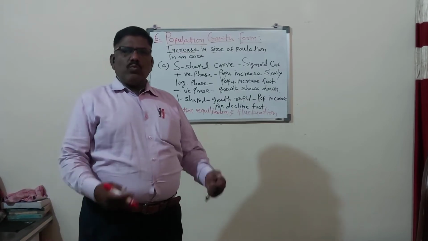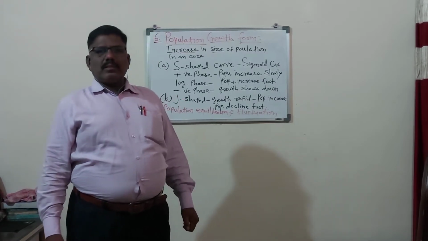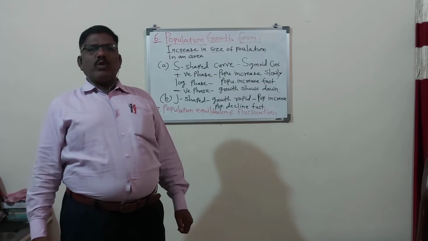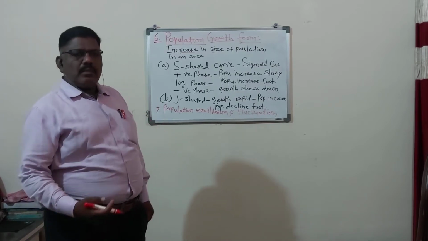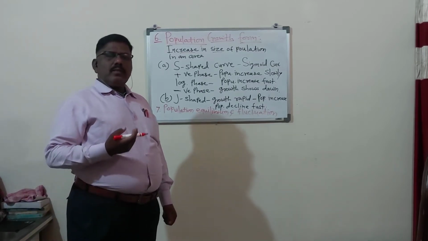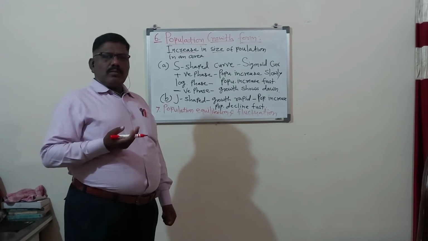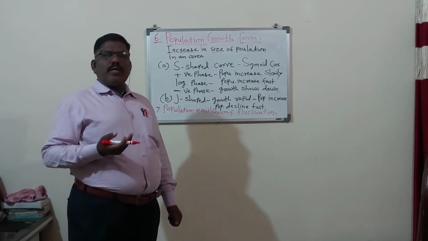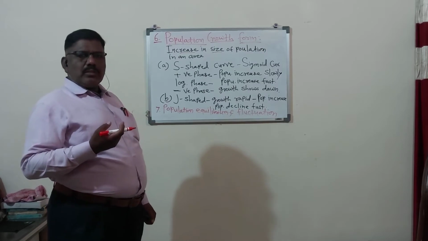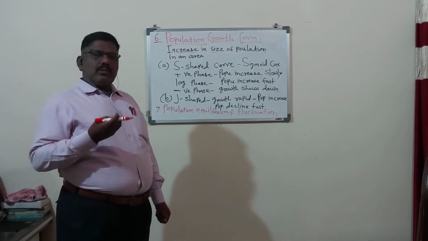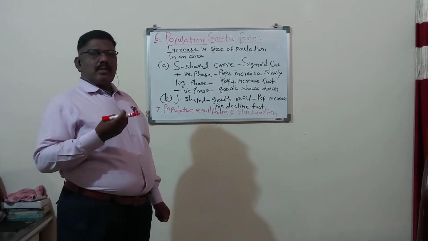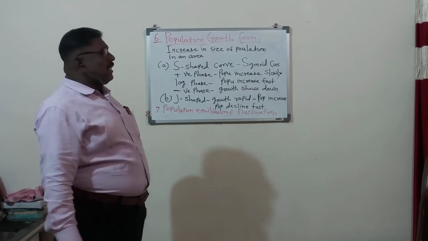The new ones, the young ones, come into the population, and the population increases. Due to old age, some animals die. Due to that death, the population also decreases.